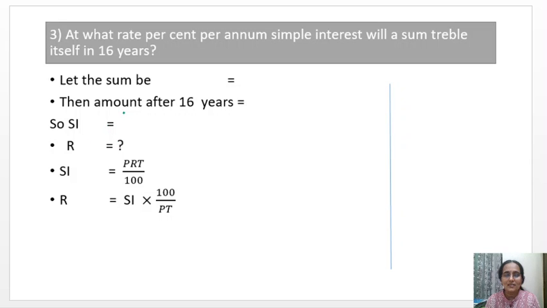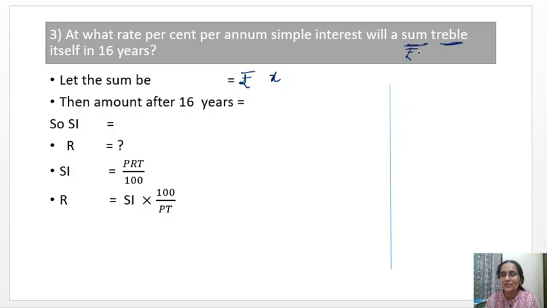So simple interest, the amount after 16 years. Let the sum, the principal amount we don't know, be rupees X. Treble means 3 times.